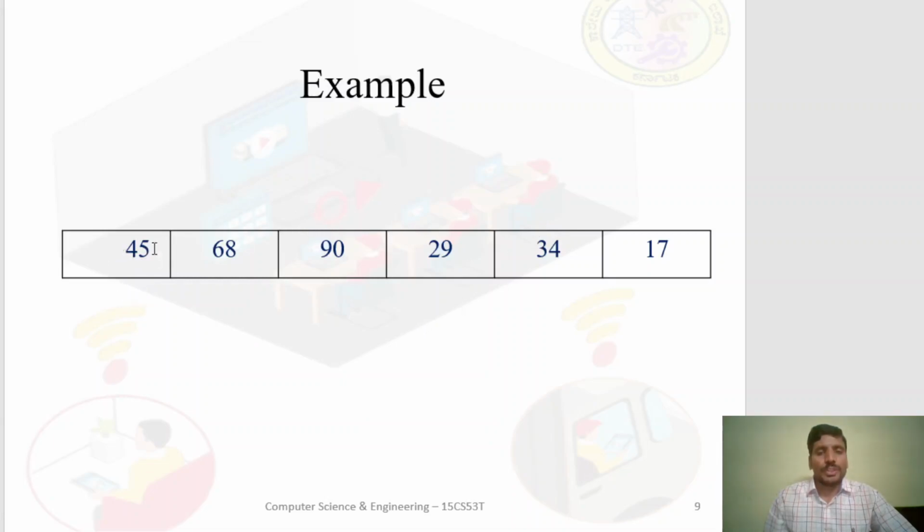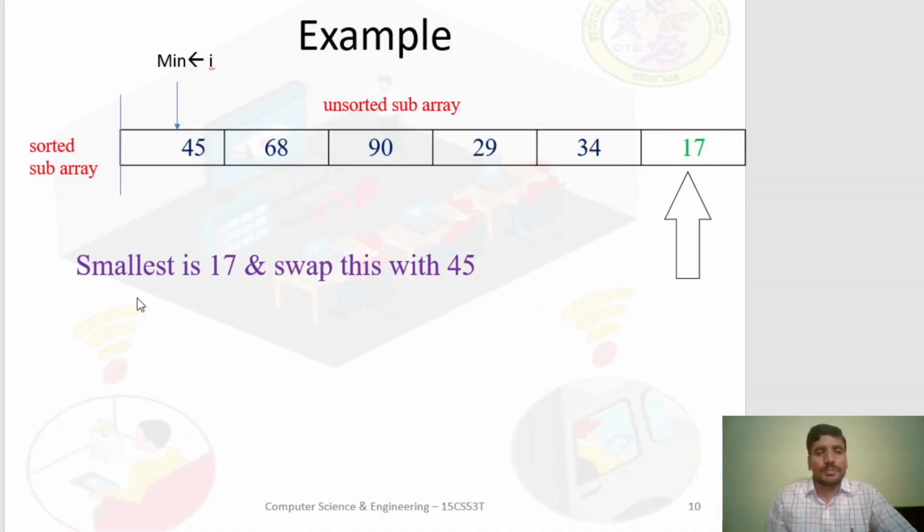Take the first position value as the current minimum. Then scan the remaining elements. As we are dividing the given array in two parts, the first part is the sorted array and the second part is the unsorted array. Find the smallest element in the array and swap that smallest element with the first position, which we initialized as minimum. Fine. So let us see the example.